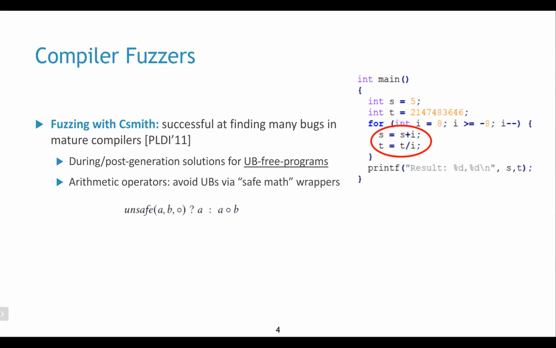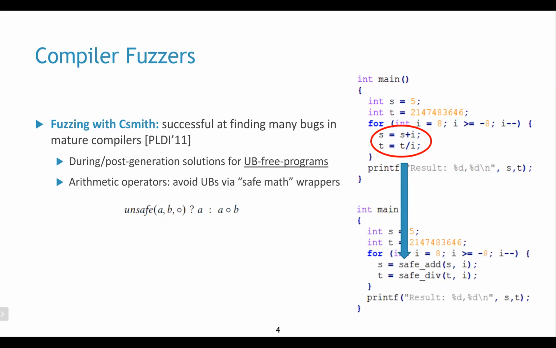If we want to use this test case to test the compiler, and we want to ensure we are not triggering any undefined behavior, then we replace them with the wrappers safe add and safe div. For division, it looks something like this. If B is equal to 0, then in order to avoid triggering undefined behavior because of division by 0, we return A. Otherwise, we return the result of A divided by B.